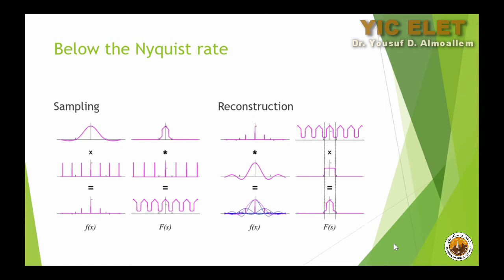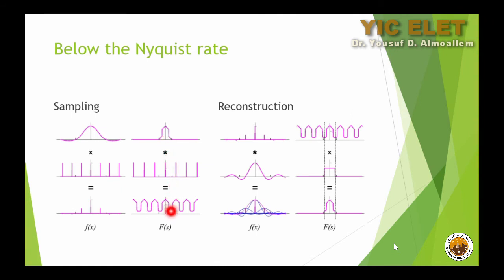Now, what happens if we go below the Nyquist rate? If we go below the Nyquist rate, the separation between these will be less. So this will be duplicated in a way to get this shape. It will repeat here and here and here. But there is not enough space to separate between the two FM.